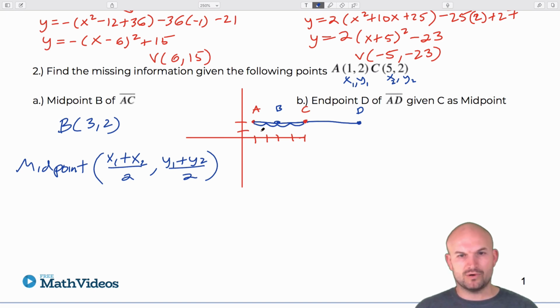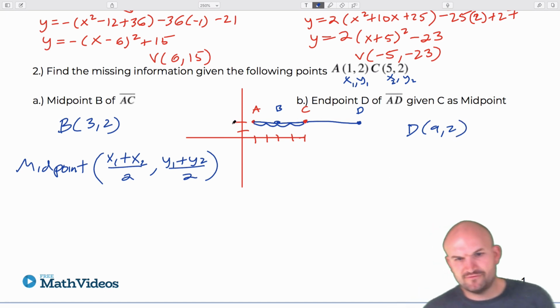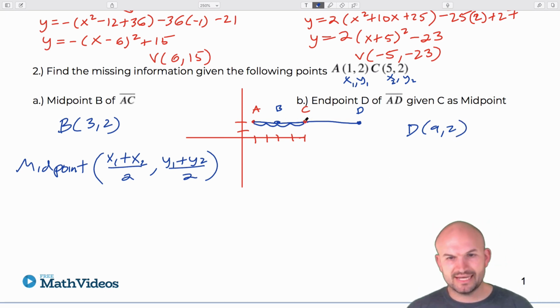So how far over am I? I'm at 5, 2. So if I just add 4, my D is just going to be at 9, 2. Because really from here to here is going to equal that, then you just add another 4 more.